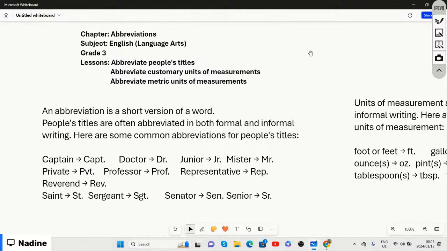The same with months of the year. When we abbreviate months of the year, they are also shortened, right? It's a shortened version of a specific word. And months of the year also start with a capital letter.